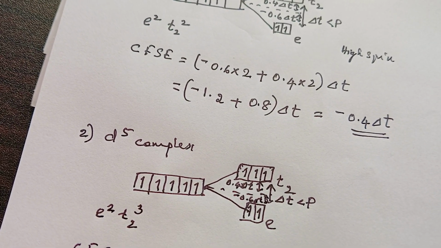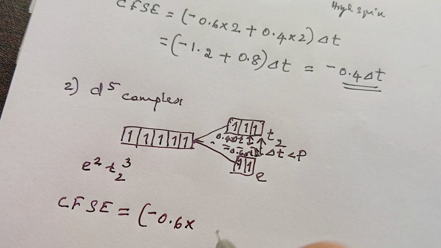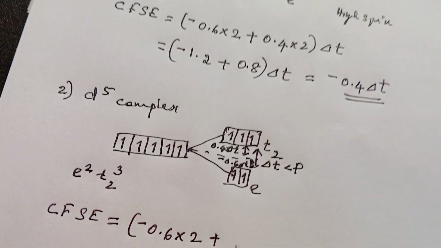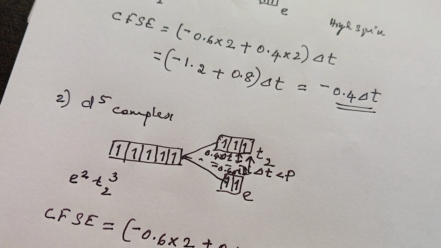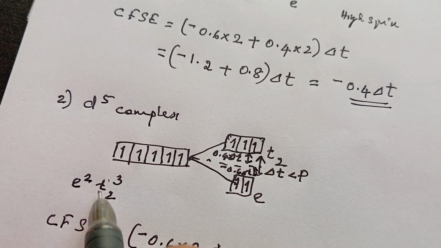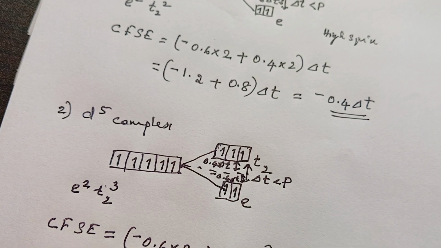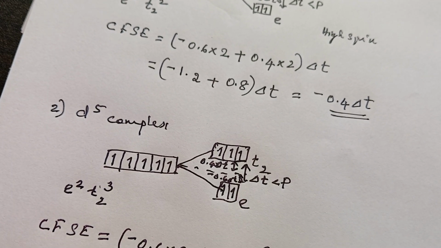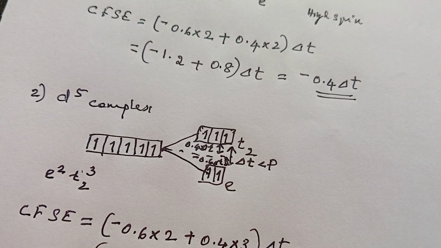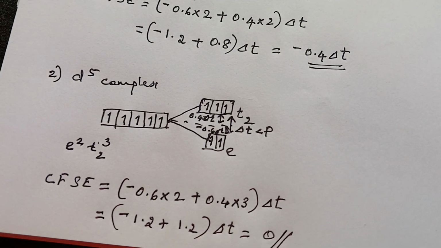So CFSE equals minus 0.6 into y, number of electrons in the E set, that is 2, plus 0.4 into number of electrons in the T2 set, 1, 2 and 3, T2 3, the whole into delta T, that is equal to minus 1.2 plus 1.2, the whole into delta T, which is equal to 0. Minus 1.2 plus 1.2 will give you 0. 0 into delta T, 0.